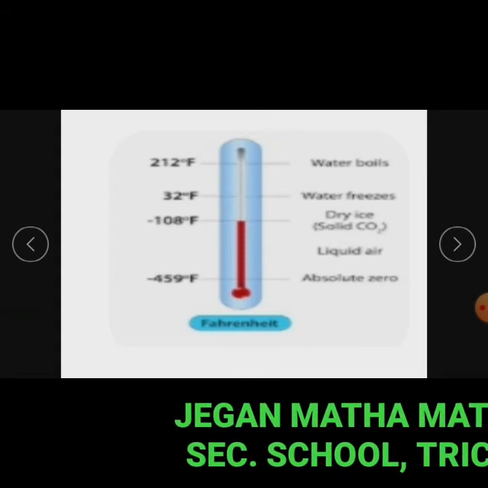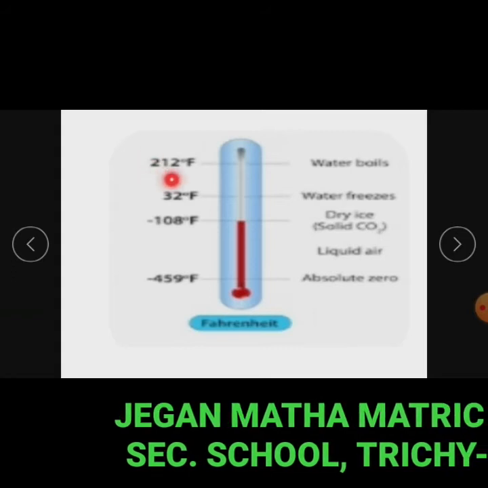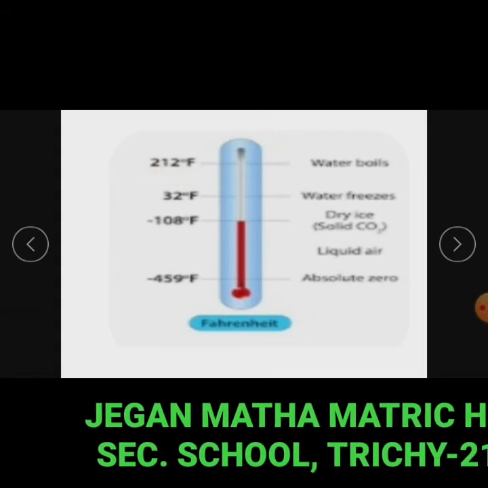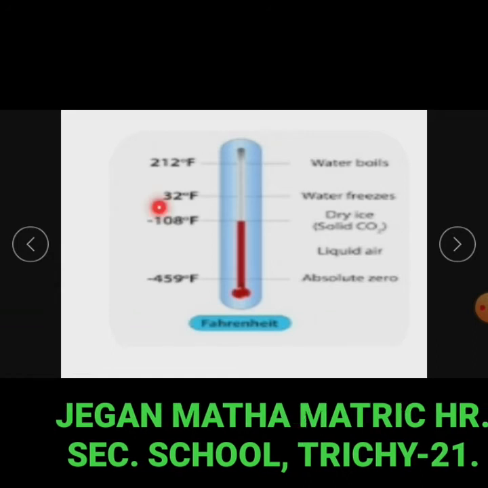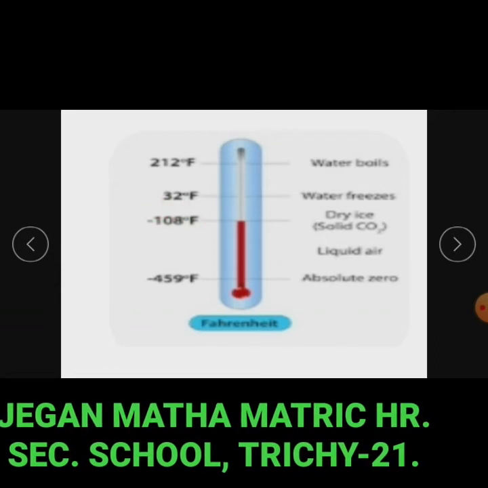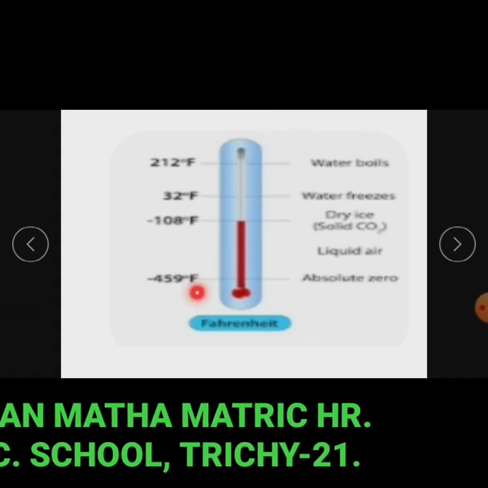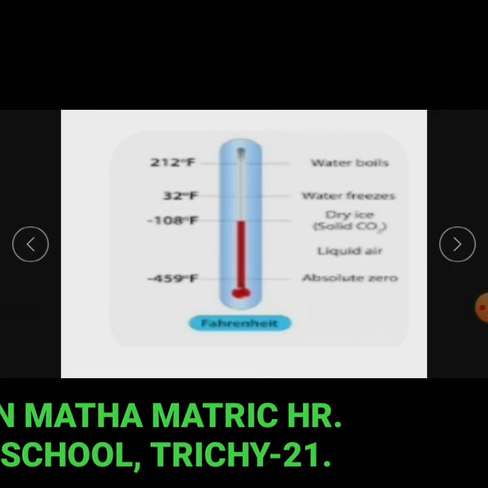In the Fahrenheit scale, the boiling point of water is 212 degrees Fahrenheit. The freezing point of water is 32 degrees Fahrenheit. And absolute zero temperature is minus 459 degrees Fahrenheit.